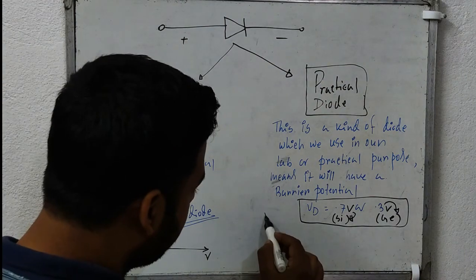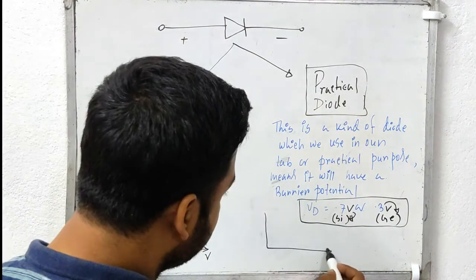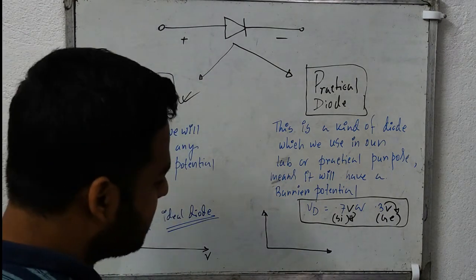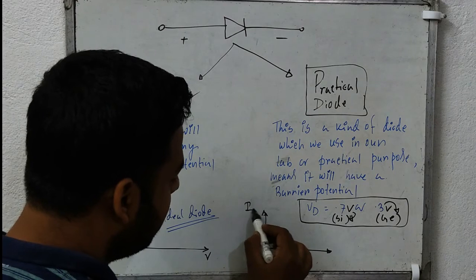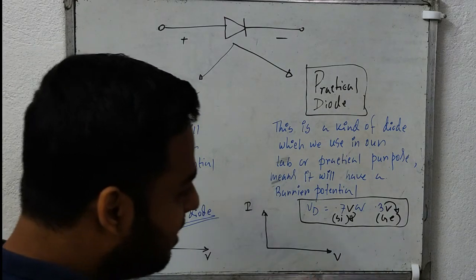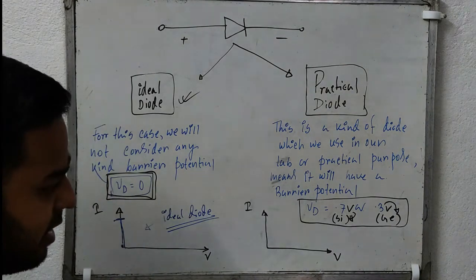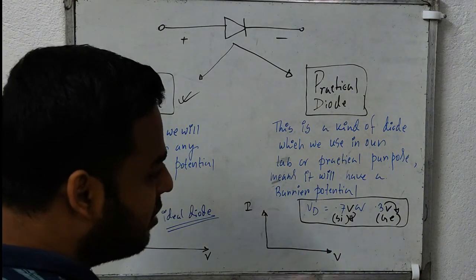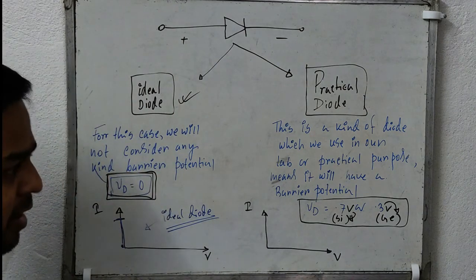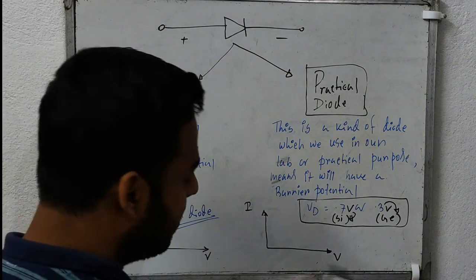But if you draw the VI characteristics of the diode for the practical purpose, with I and V axes, then at a certain level the diode will start to conduct current.